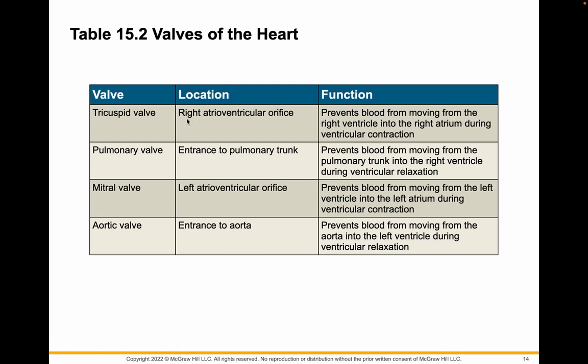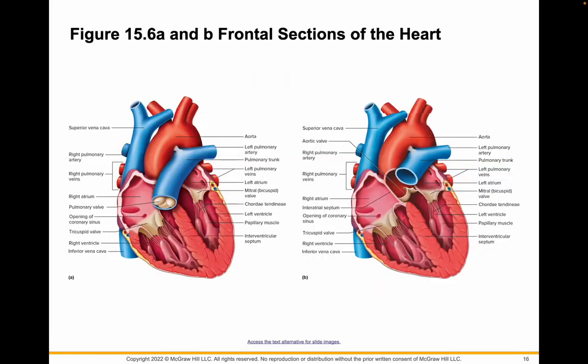If you can come up with a better way to memorize this, find your way. But tricuspid is on the right side, bicuspid is on the left side. And then pulmonary valve's easy. Once you pass the pulmonary valve, you're in the pulmonary circuit, and once you pass the aortic valve, you're in the systemic circuit. And so I do want to show those here with you for just a second.